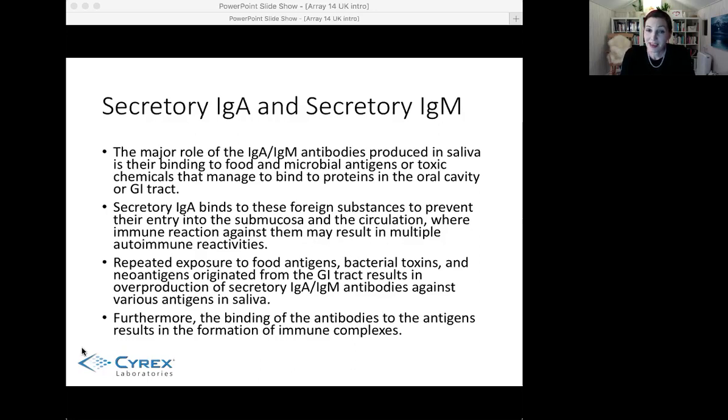The act of the immunoglobulin binding to the foreign protein creates what we call the neoantigen. That is an antigen immunoglobulin adduct, essentially. The formation of these new antigens may actually contribute to the loss of oral tolerance.